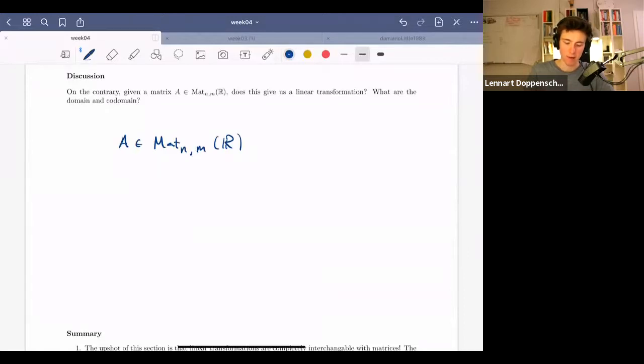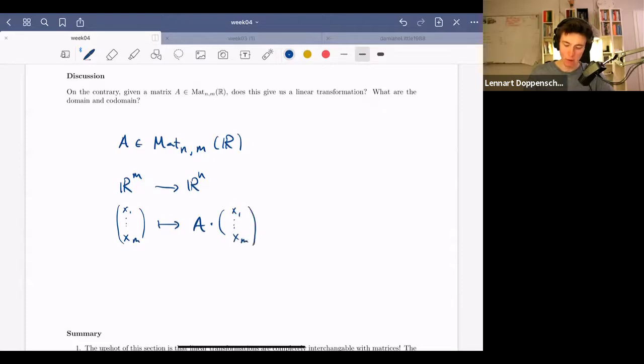Then you can think about this as a transformation, and the domain is going to be Rm, and it will go to Rn just by taking an m tuple x1 to xm to the product of A times x1 to xm.